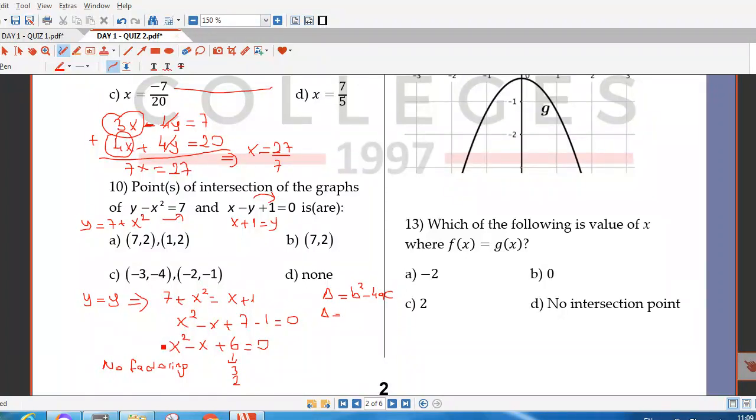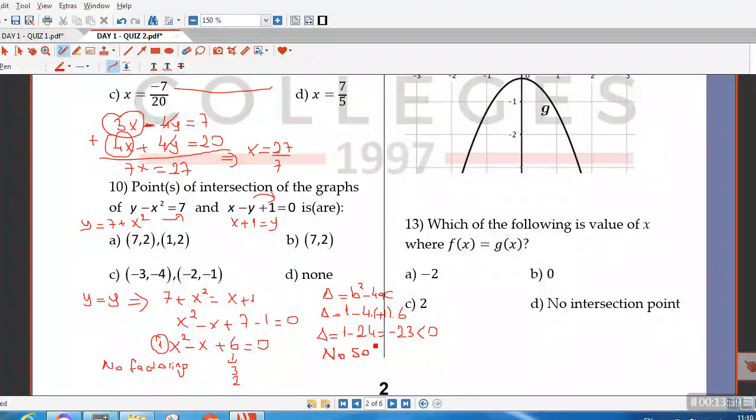Delta: a is 1, b is the coefficient of x, which is negative 1, c is the last term, the constant, which is 6. b squared minus 4ac, minus 4 times a, which is plus 1, times 6. 1 minus 24 is equal to minus 23, less than 0.